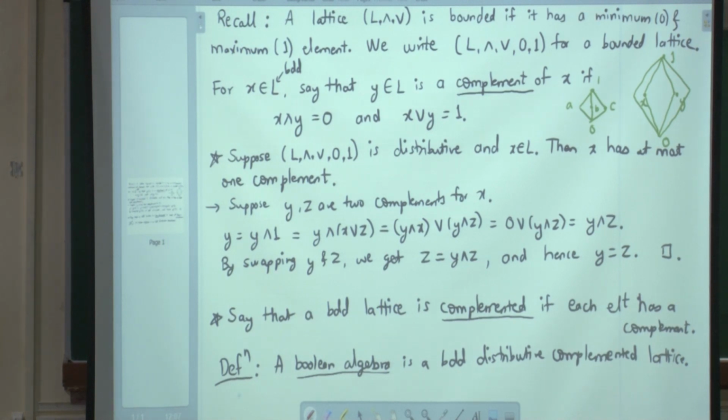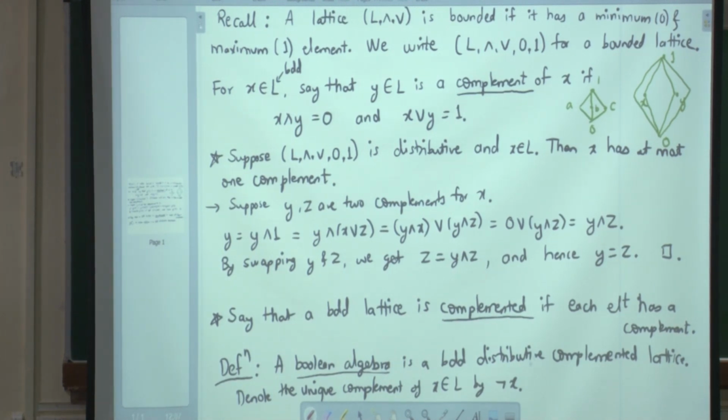So denote the unique complement of x in B by negation x. Negation is actually a function.